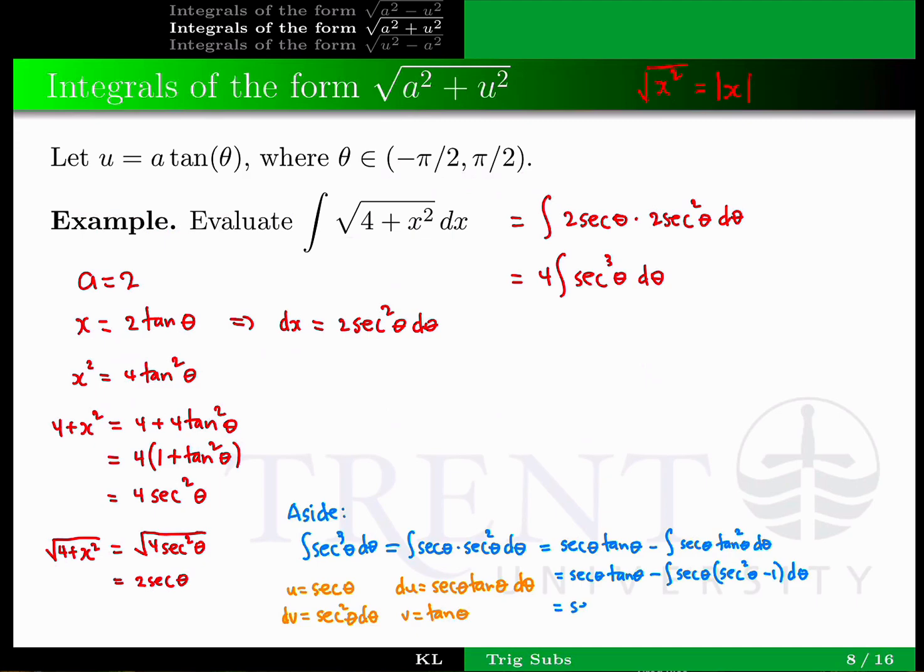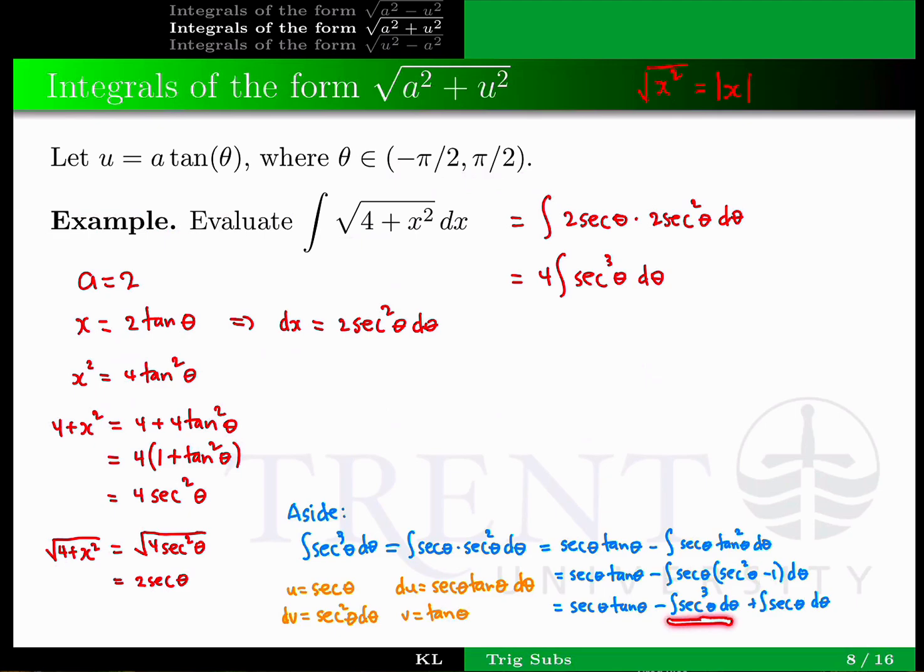This one will become secant theta tangent theta minus integral of secant cube theta d theta, and then we got here minus and minus, so that becomes plus integral of secant theta d theta.